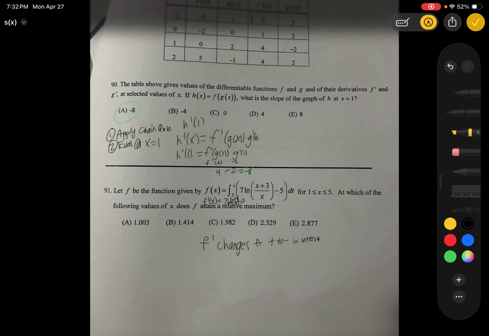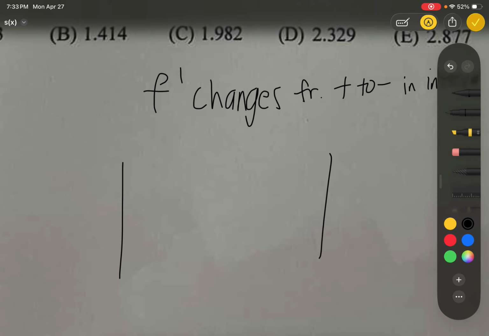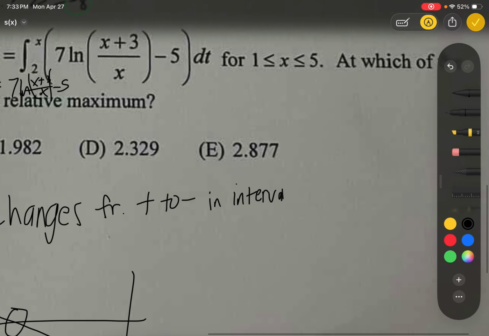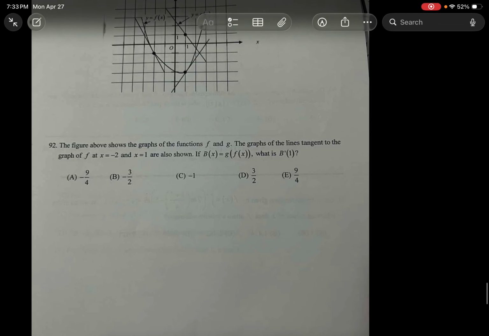Then our domain is from 1 to, then your graph should look something like this. That's going to be at 2.877, so your answer is going to be E. Moving on to our last question.